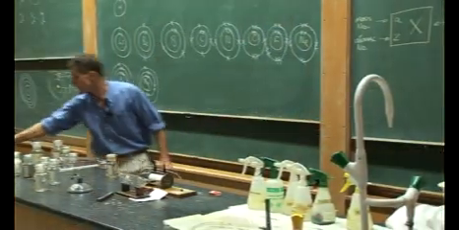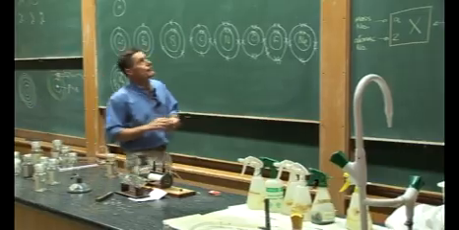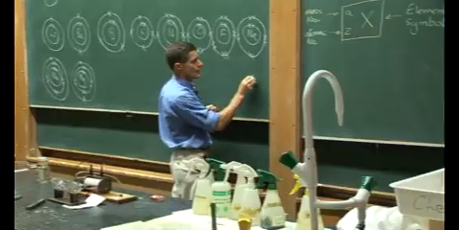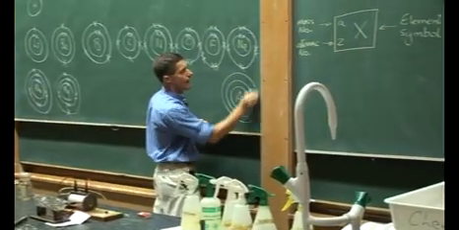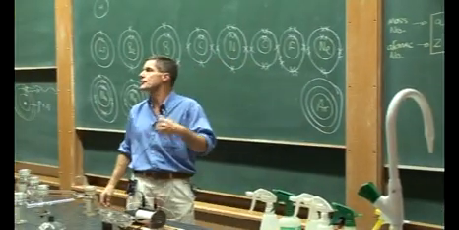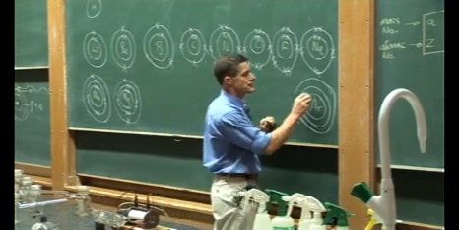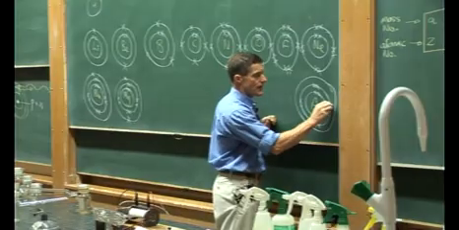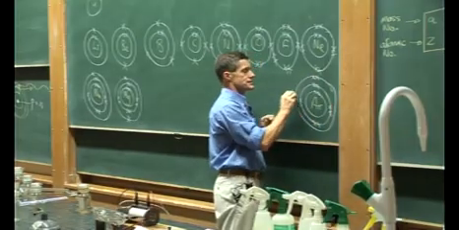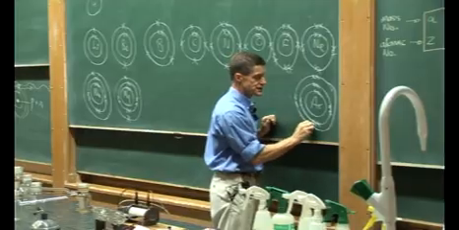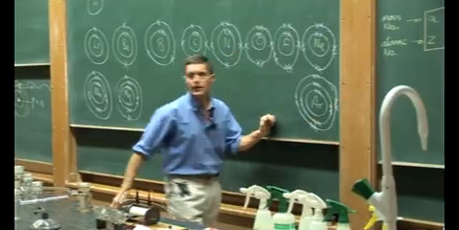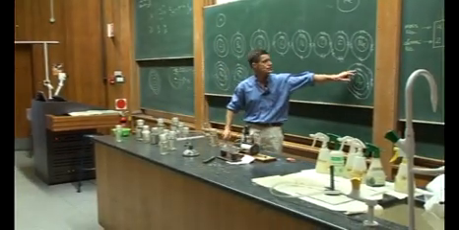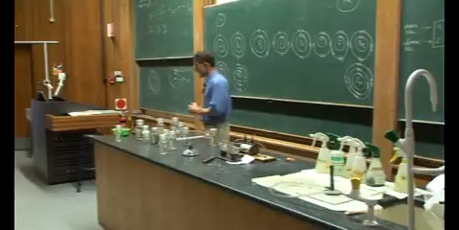If I was to draw, for example, argon, third row, 3 shells, and in the most stable situation I'm going to have all electrons in the shells closest to the nucleus. I can get them, and in the case of argon it's going to be a 2-8-8 arrangement of electrons.